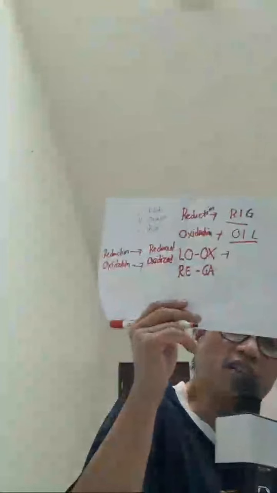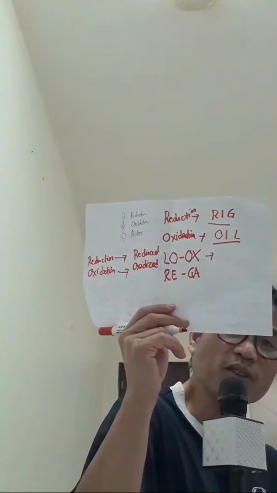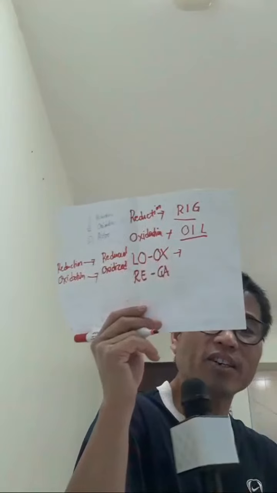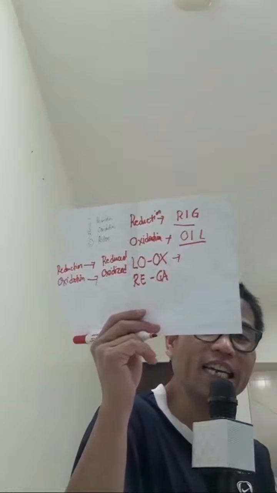So the substance is being oxidized. It's in the term only, okay? So you don't have to worry. Okay, reduction reduced, oxidation oxidized. And we are referring to the element or substance that is being reduced, or it could be a molecule, an ion, an atom that is being reduced or oxidized.